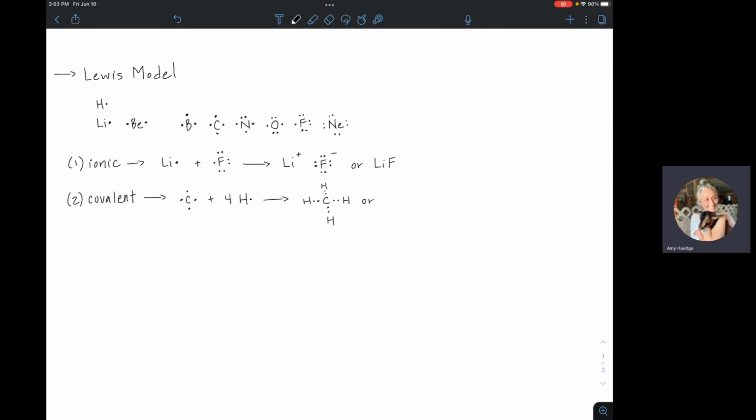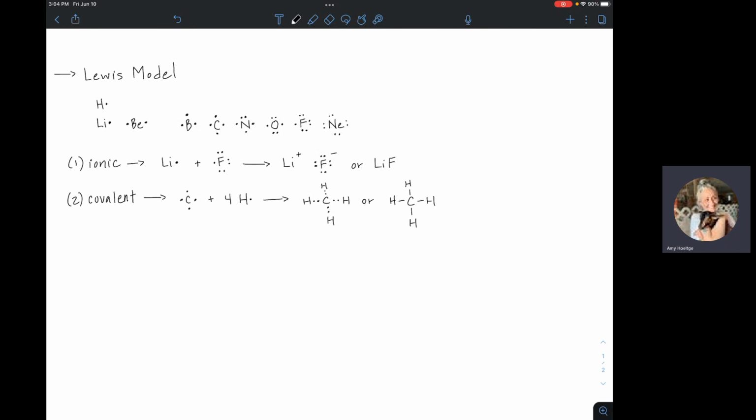This is the moment where we actually do draw the little sticks in, and each stick represents 2 shared electrons. So notice this is a covalent bond, that little stick there, they're sharing electrons. We didn't just donate electrons from one species to the other.